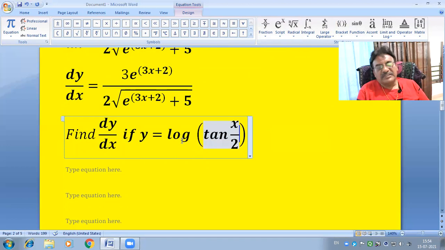We find the derivative of this function, or differentiate this function with respect to x.